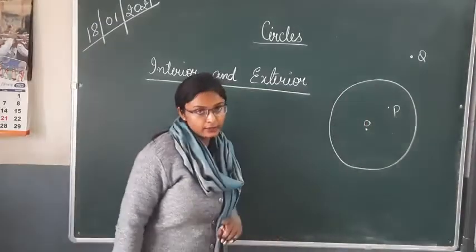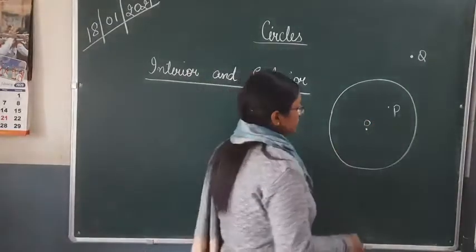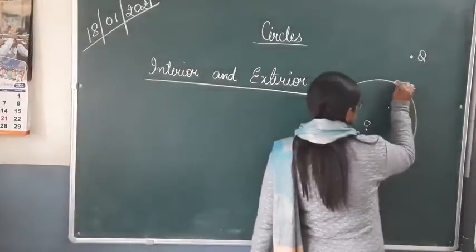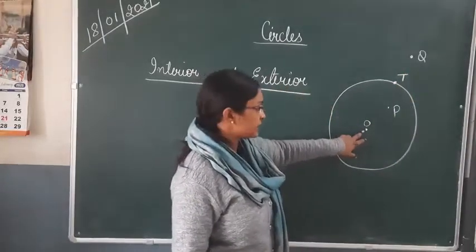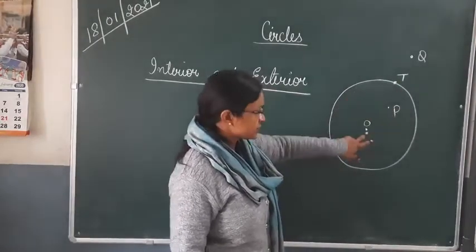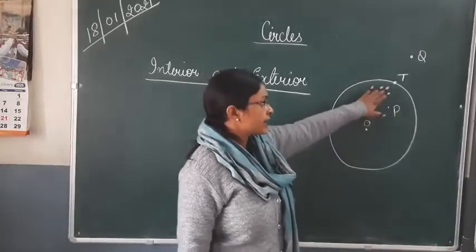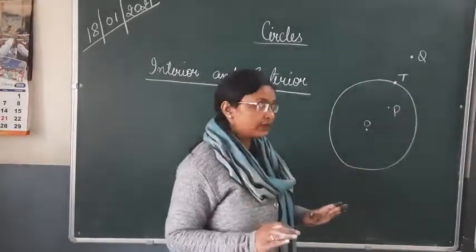But there is one more thing. Suppose there is a length OT, where O is the center and T is a point on the circle.